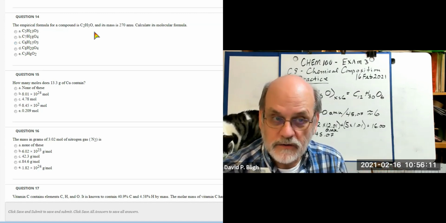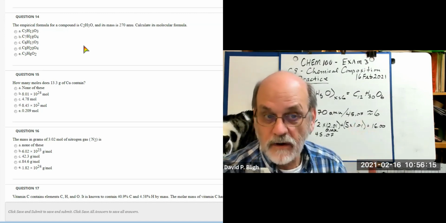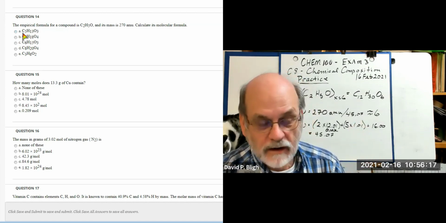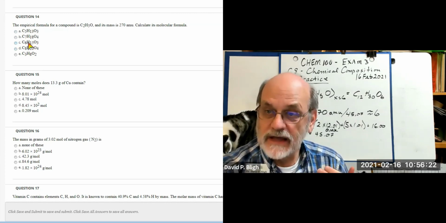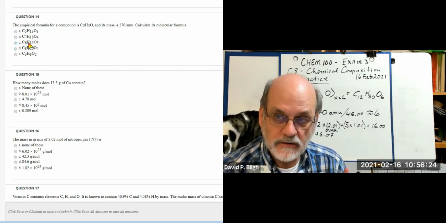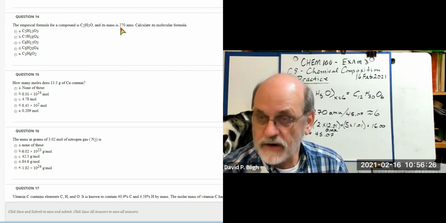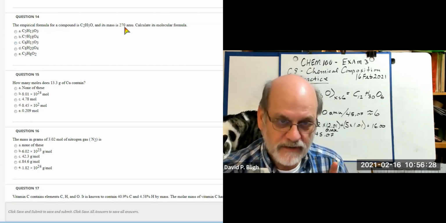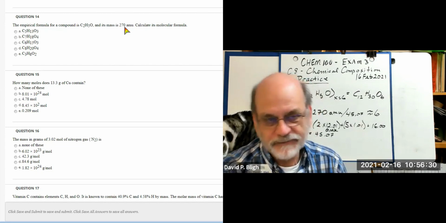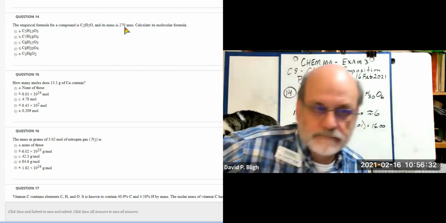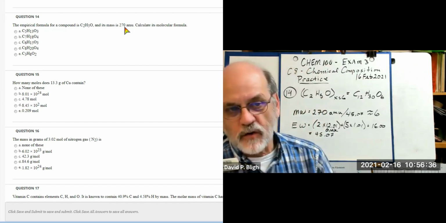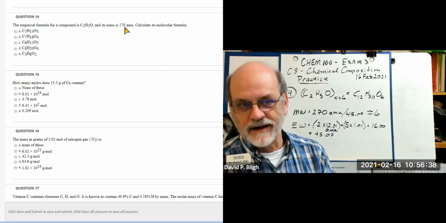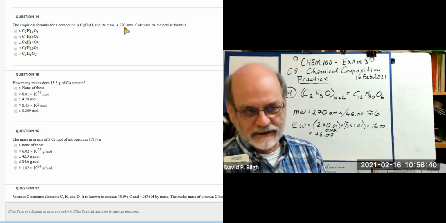Take one of those and substitute for it the correct answer, or take one of these that's the proper ratio and calculate its atomic mass units for the molecule and plug that in there. Instead of 270, put in the true number. So that's how I would fix it. But the short version is the question as written is wrong. There's no answer in that group.